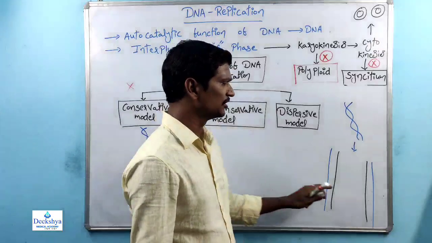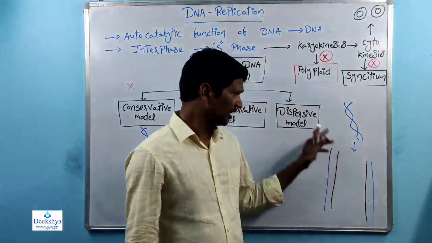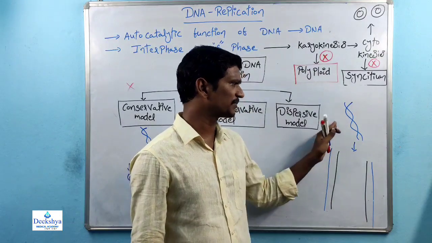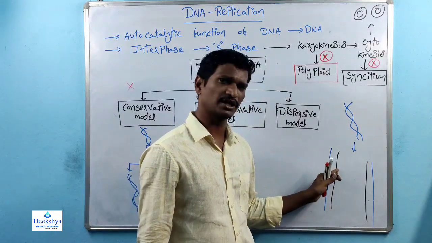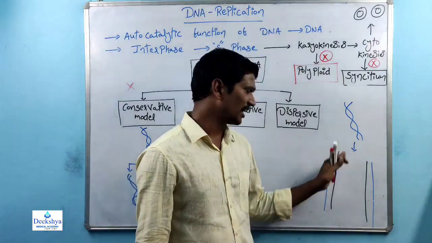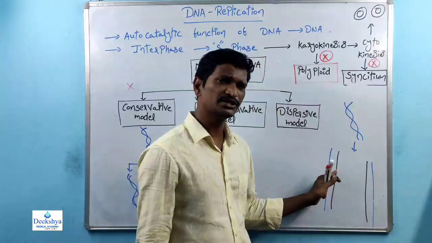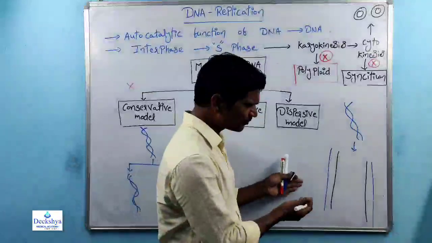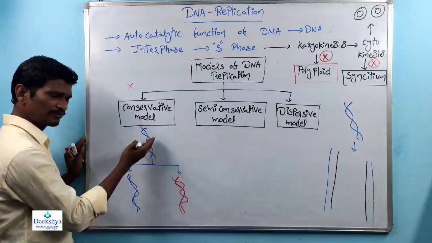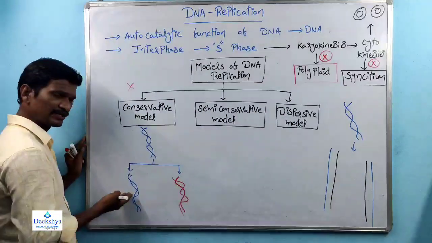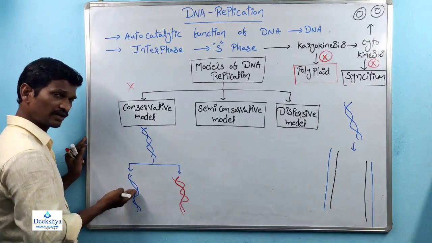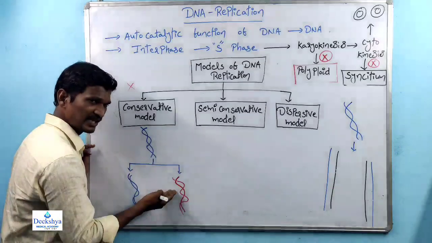So after DNA replication, one strand belongs to the parental DNA and the other strand belongs to the newly synthesized DNA. So this is what is possible, not that the complete parental DNA enters one daughter cell and the newly synthesized DNA enters the other daughter cell.